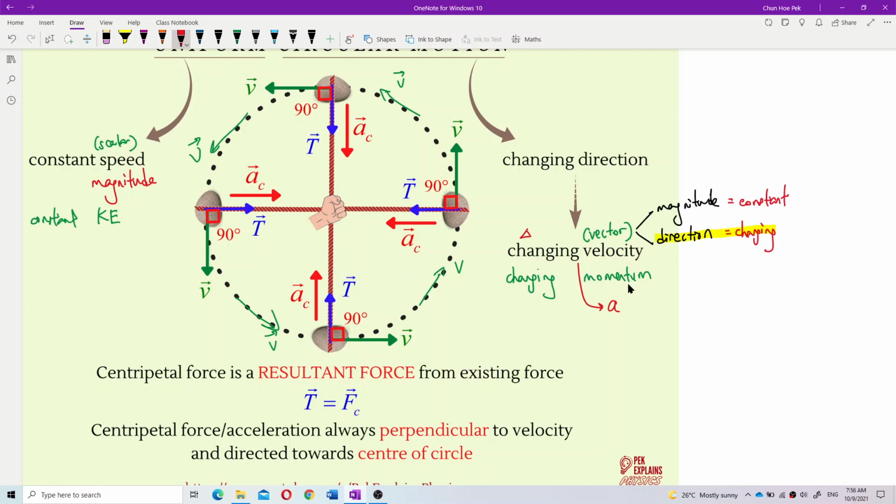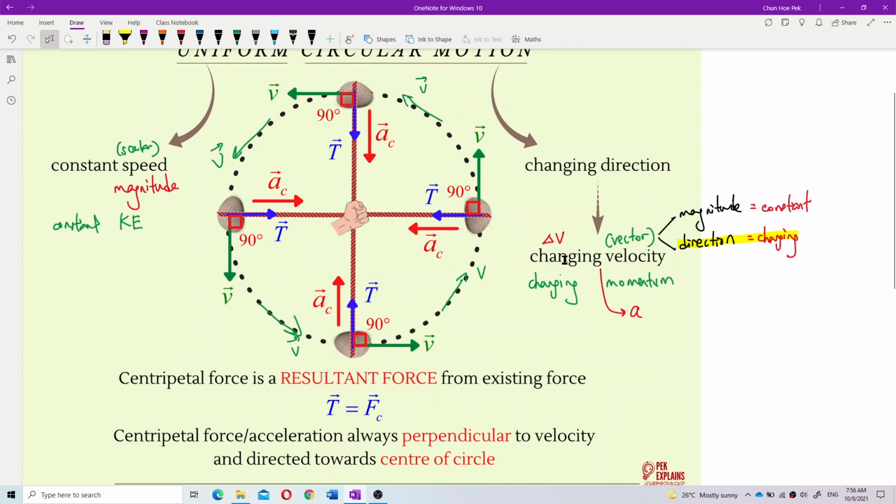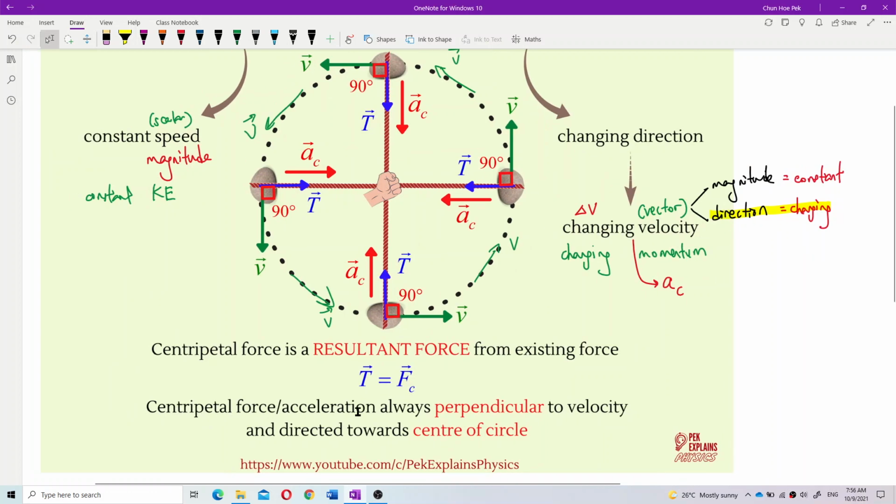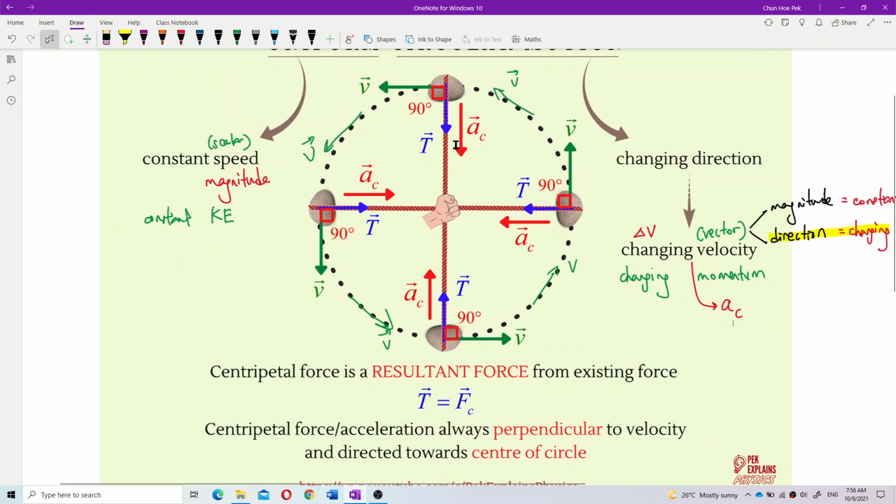When velocity changes, that means there is acceleration. But this type of changing direction of velocity is caused by centripetal acceleration. We have a special name for this acceleration. We call it centripetal acceleration. Here it shows the direction of the centripetal acceleration.